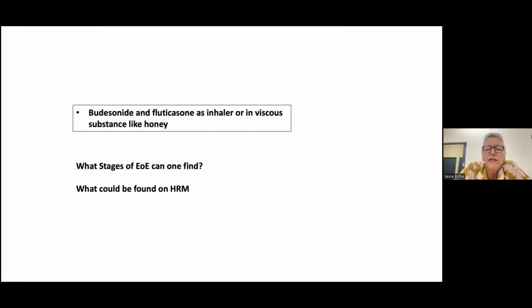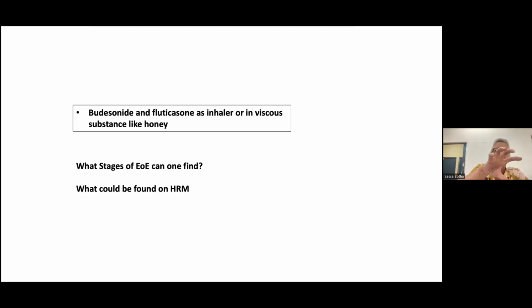How many eosinophils does it have to be? At least 15 per high power field. Okay. So what stages of EOE can one find? I think you'd go from a spectrum of normal findings all the way to strictures when it is very severe. Yes, but there's sort of two stages.